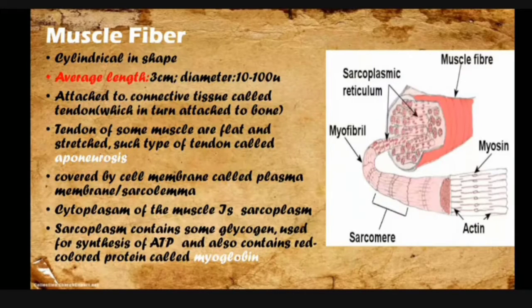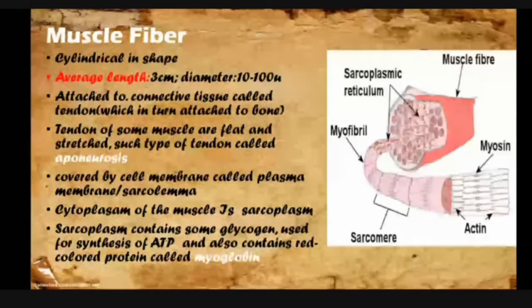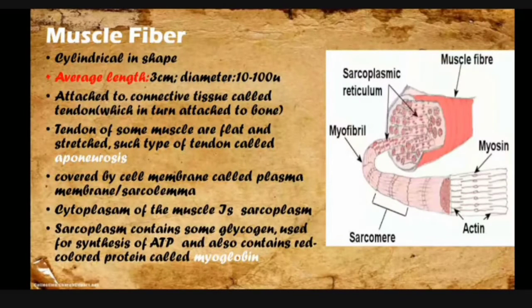Muscle fiber is cylindrical in shape, with an average length of about 3 cm and a diameter of 10 to 100 micrometers. It is attached to connective tissue called tendon, which in turn is attached to bone. Tendons of some muscles are flat and stretched; such a type of tendon is called aponeurosis.